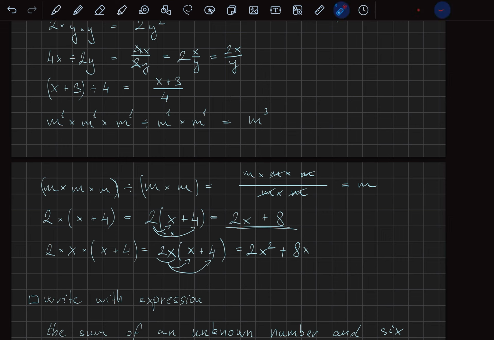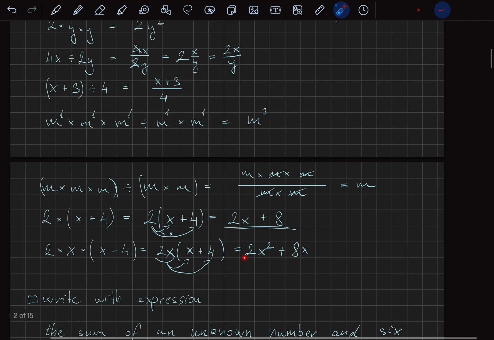And this is the final answer. We cannot write this in a simpler form. Okay, dog and cat. Why? Because here is a square. If it's the same, we can add, and it's 10 squared. But right now, this is the final answer. Next one.